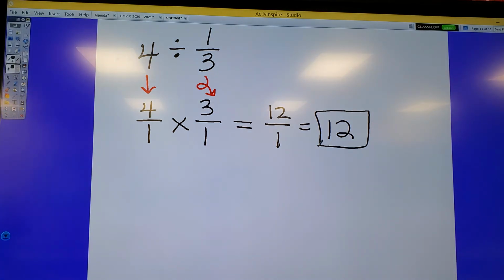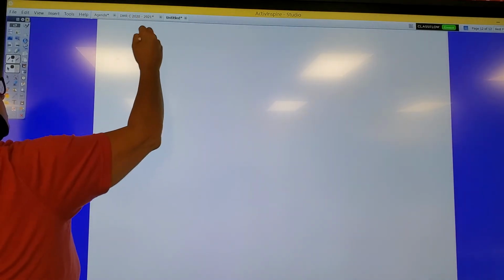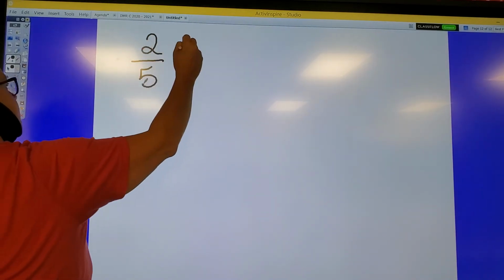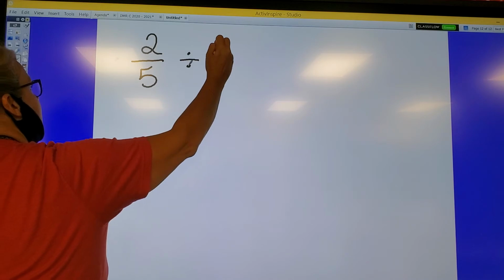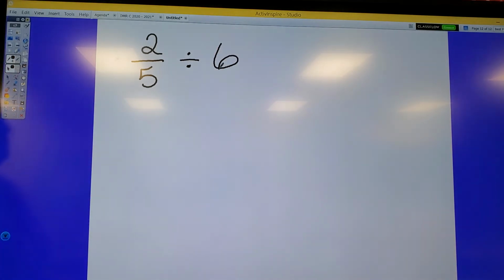Now, some people get a little confused if the whole number is listed second, okay? Because they're putting it over 1 and they're also thinking about flipping it, and sometimes they miss the flipping step. So let's do some practice with one of those. 2/5 divided by 6.